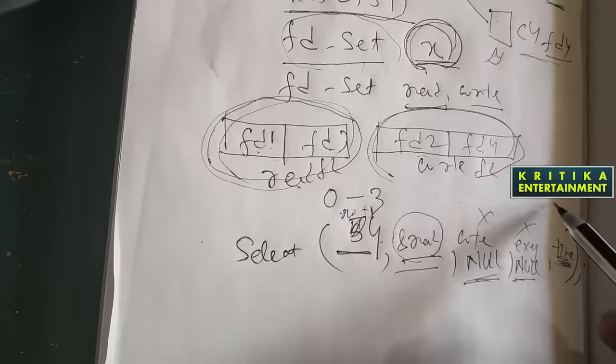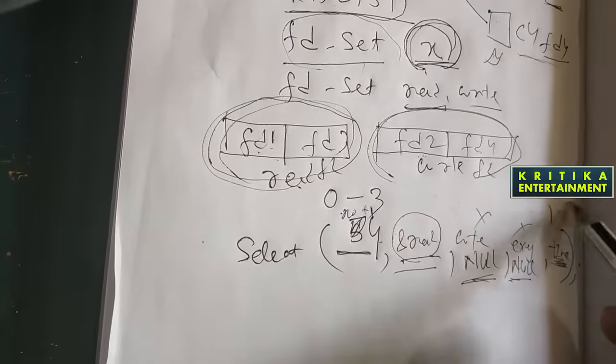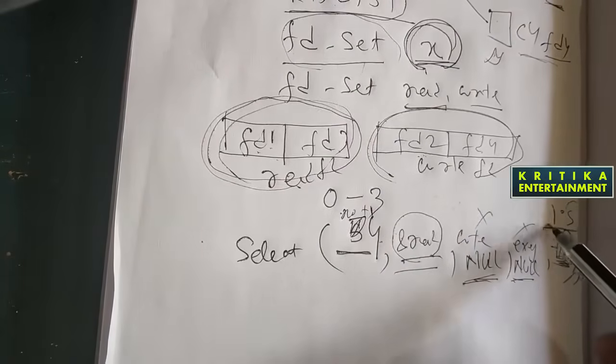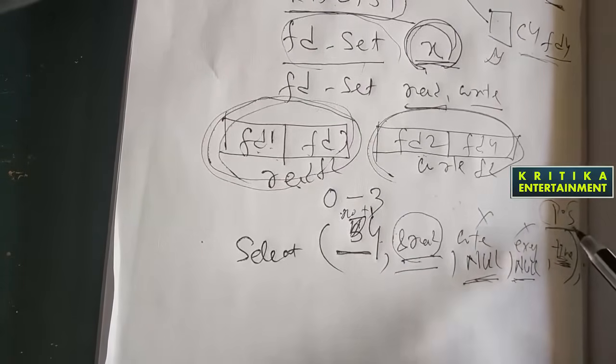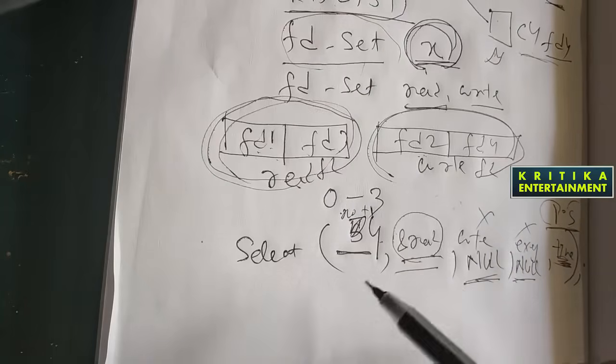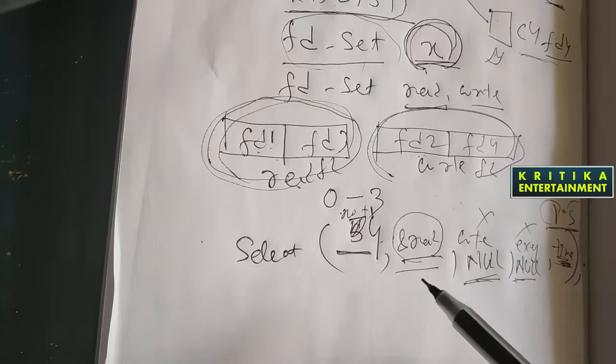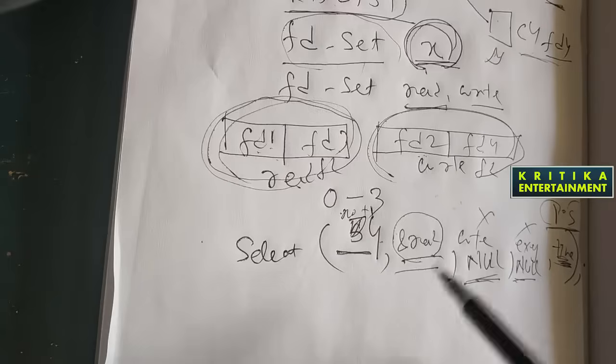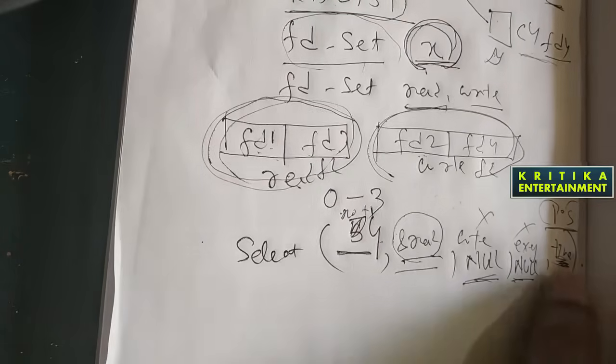Suppose I give 1.5, that means 1.5 seconds. Select will again check which FDs can be read from the clients.